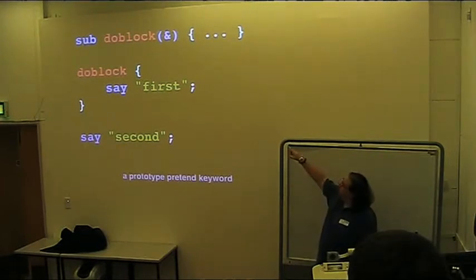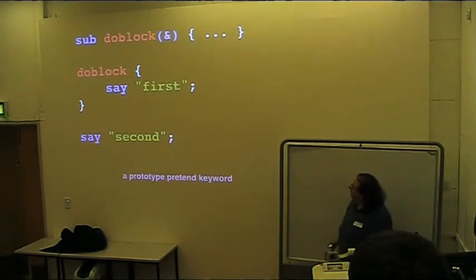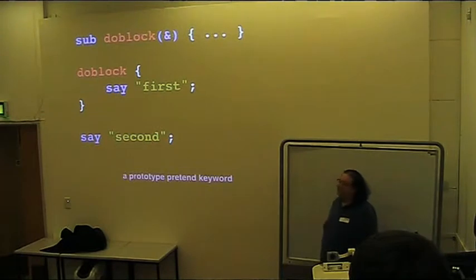We've told Perl that we want this do block thing to take a subroutine. And so we said do block, get open brace, close brace, and then another expression. This is a compiler error. The reason is that there is no semicolon at the end of that block.